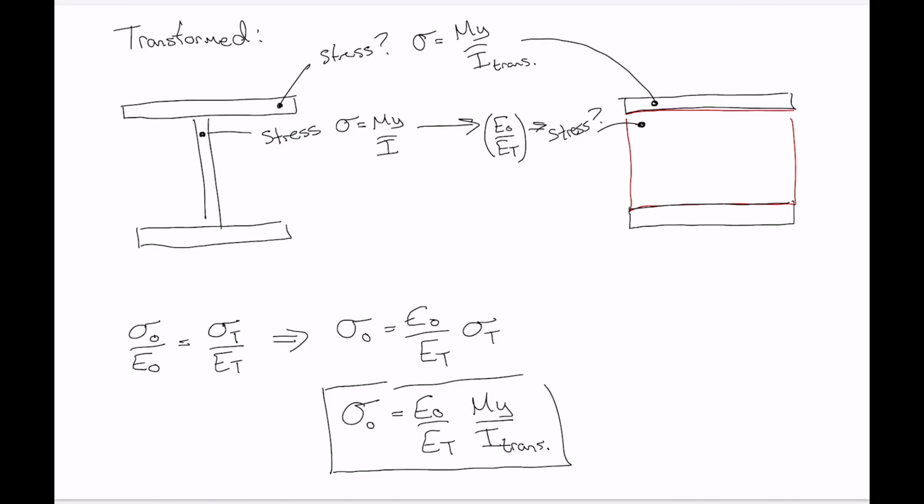Okay, so let's write a summary of how to handle composite beams. First, we transform the beam into a beam of only one material.